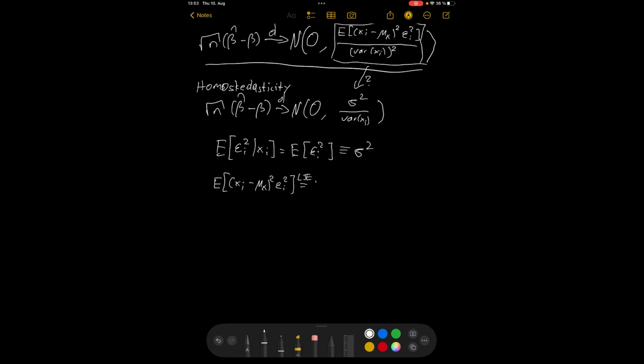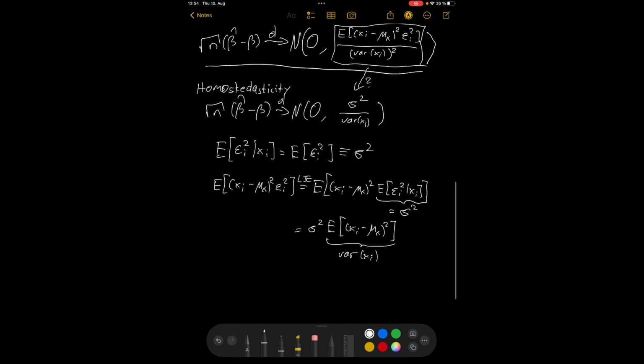So this becomes the expected value of (xi minus mu x) squared times the expected value of epsilon i squared given xi, and take the expectation of that. This is a constant. This is sigma squared. So now we end up with sigma squared times the expectation of (xi minus mu x) squared. But this is just the variance of xi.